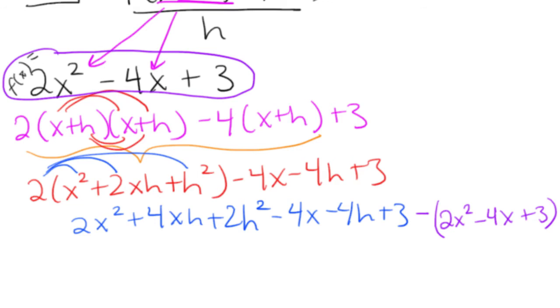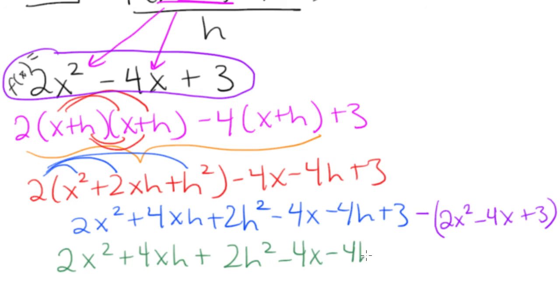So we end up getting 2x squared plus 4xh plus 2h squared minus 4x minus 4h plus 3 minus 2x squared plus 4x minus 3. Because remember, there is a minus sign here, and we're distributing that into all the components right there. And so now let's cancel some of these out.